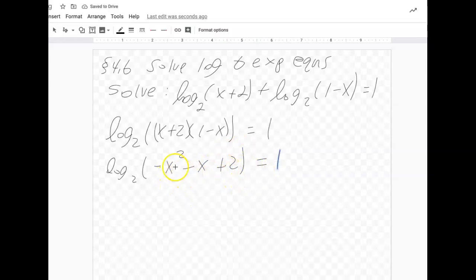Alright, so now we want to get rid of this logarithm, and we saw before in 4.3, I believe, that whenever you have a logarithmic equation, you can change it to an exponential. So one of the things that you can do is change to an exponential.